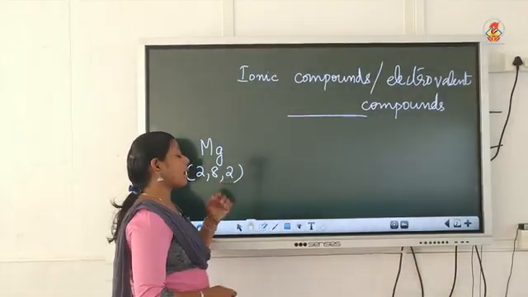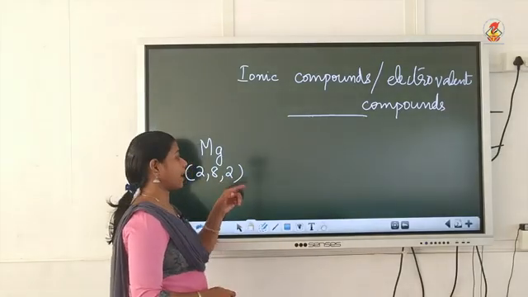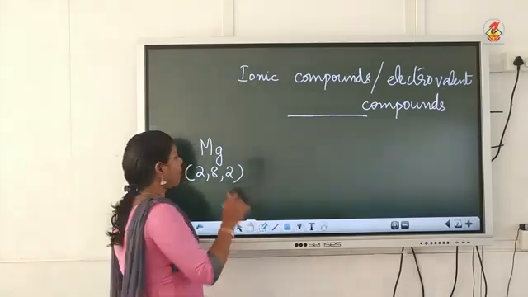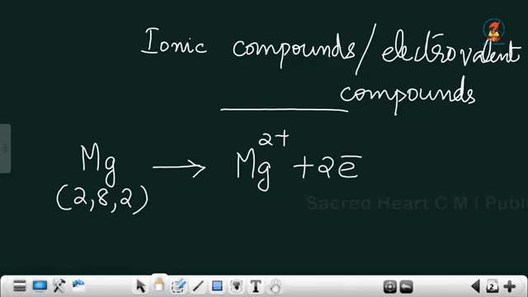So these two valence electrons will be lost and it forms a 2+ ion. So during the reaction, magnesium forms Mg2+ by losing 2 electrons. At that time it will have the stable electronic configuration 2, 8.